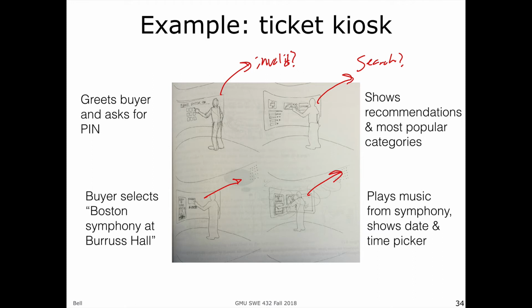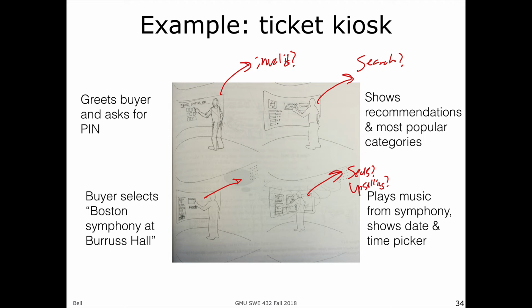If you're picking a date and time for that symphony, maybe you also need to pick seats, or maybe you want to enable more features here, like upselling a user to also be like, hey, do you want to pre-purchase dinner at a nearby restaurant or something like this too?